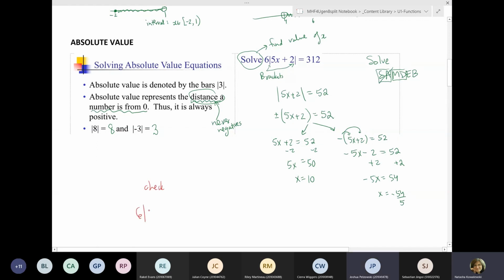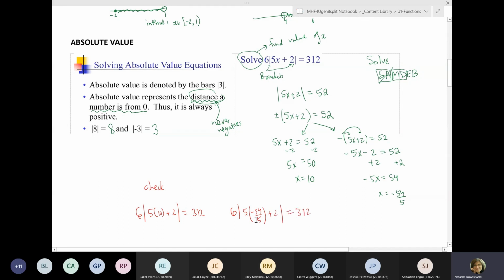I'm just wondering where the always-positive part will come into play. You'll actually get 2 answers, just like we did here. So you're supposed to get the correct answer this way. So you could say this is 50 plus 2, that's 52 times 6, that would be that one. Or the other one that we got, 5 times negative 54 over 5 plus 2, absolute value, should also be 312.